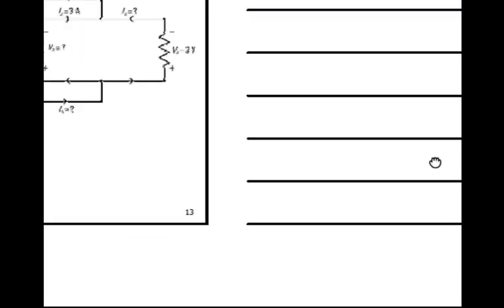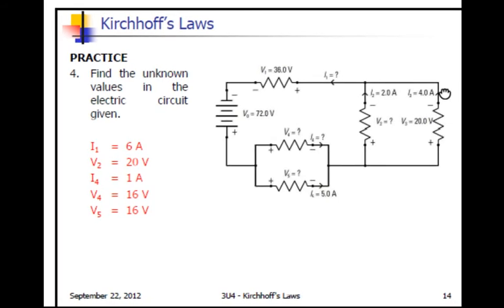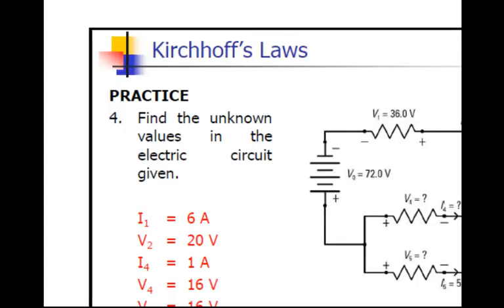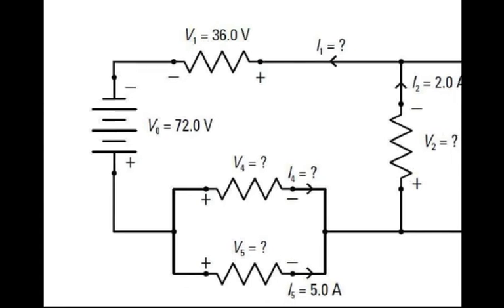Let's move to another circuit here that is a bit more complex. So in this case, we have to find these unknown values again. Let's zoom in on the circuit. Let's see if we can get this whole thing in here.